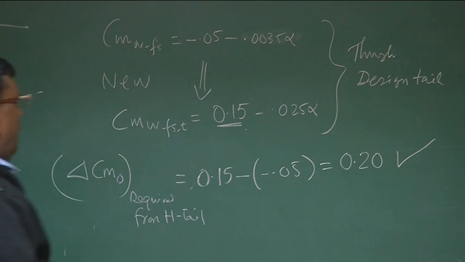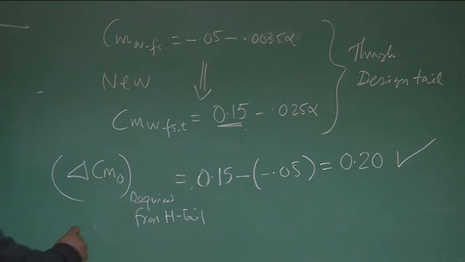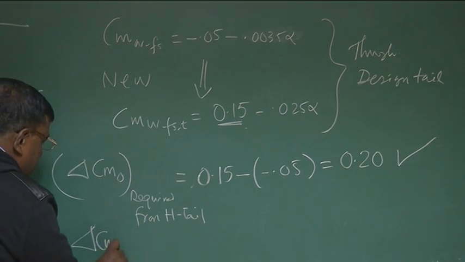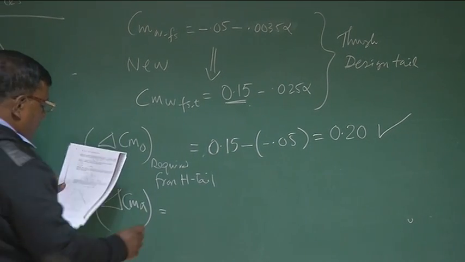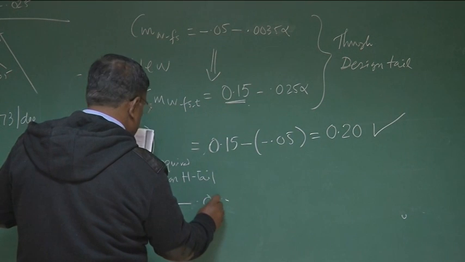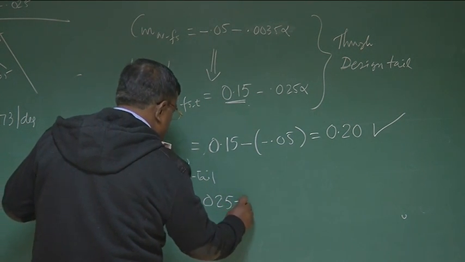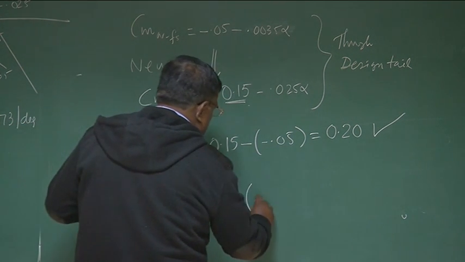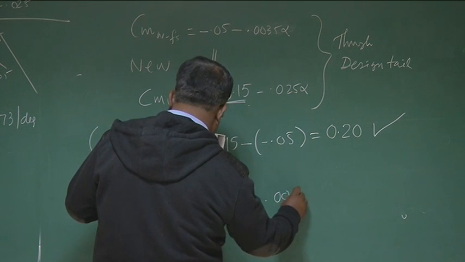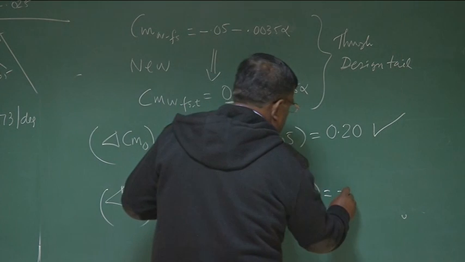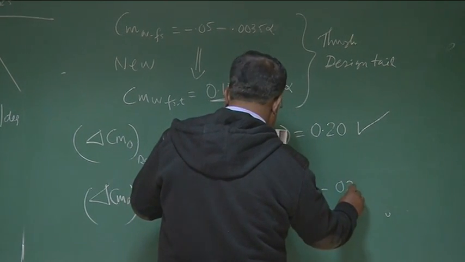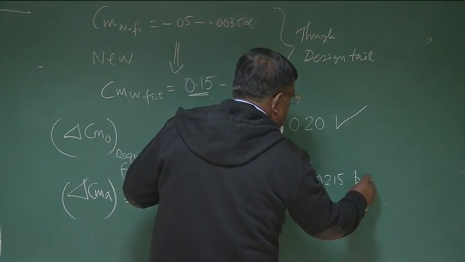How much delta Cm alpha do I require? Again, if I see it from here, minus 0.025 minus 0.0035, and that is equal to minus 0.0215 per degree.